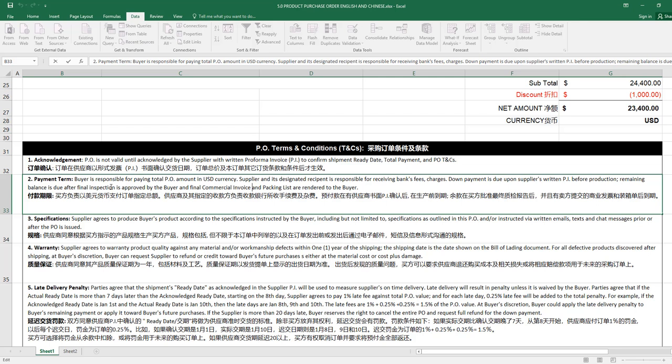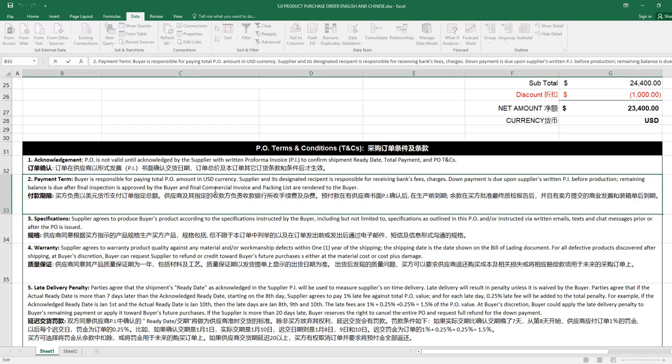And before you arrange the final inspection, in fact, they need to send you the commercial invoice and the packing list so you can have your inspection agency verify the total quantity they are ready to ship. Sometimes after the inspection, because there are defective products or quality issues, the shipping quantity may change.